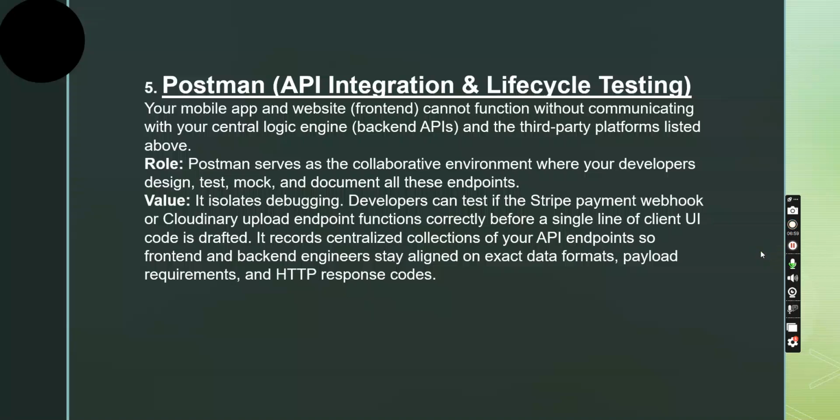The last one is Postman. Postman was used for API integration and lifecycle testing. It is primarily used as a client for API development, testing, and debugging within web application workflows.